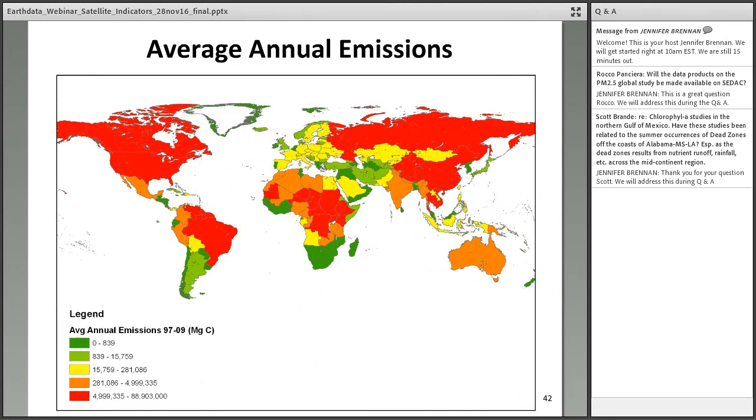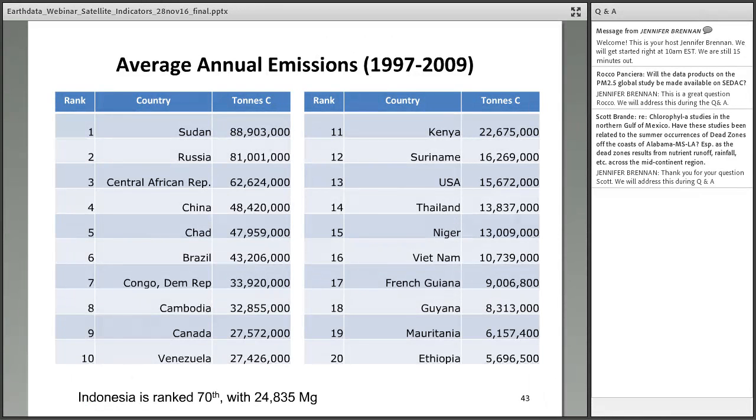We looked at annual emissions. This is just average annual emissions from 1997 to 2009, and you see boreal countries like Canada and Russia show up very highly, but also some of those parts of Africa and the Amazon, Brazil, show up as having very high emissions.